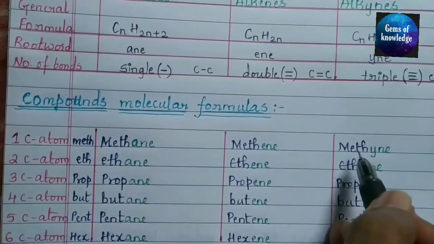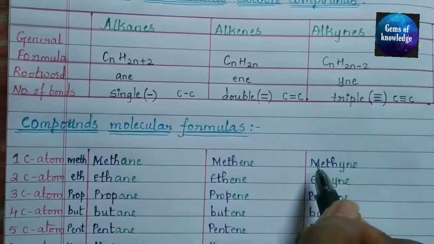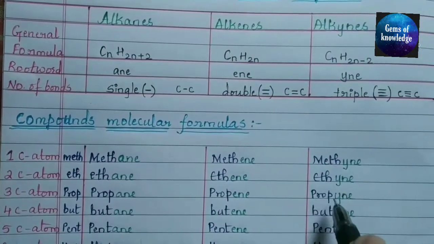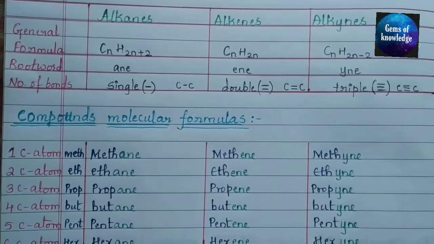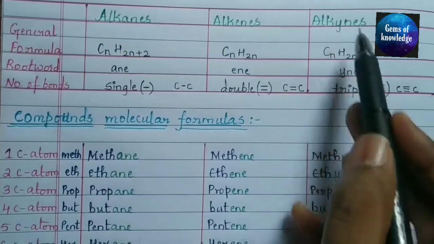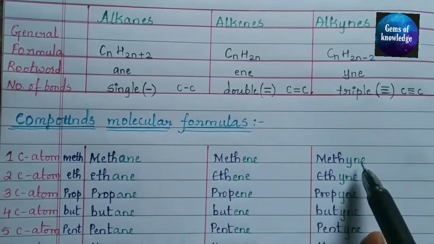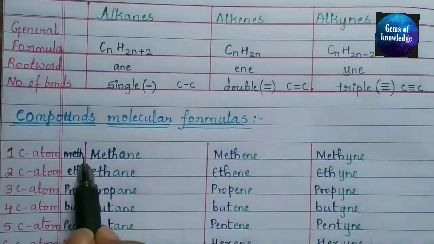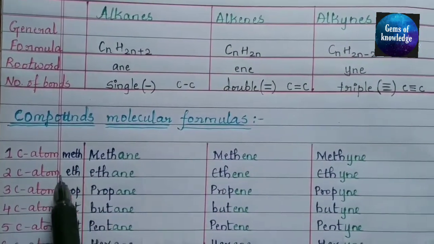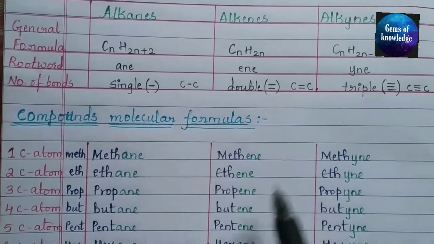In case of alkyne it will be methyne, ethyne, propyne, butyne, pentyne and hexyne. You just have to add these endings; the first words will always be the same everywhere.